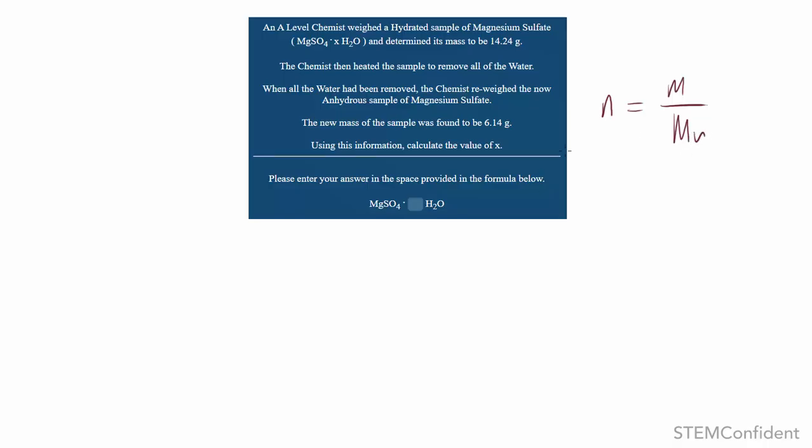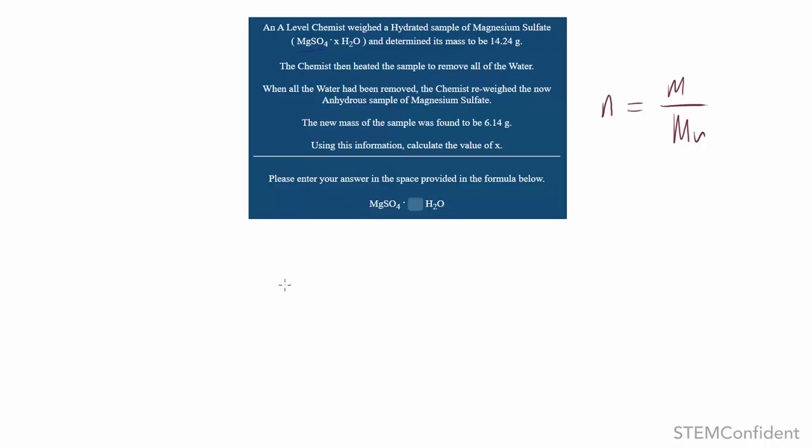In this particular case, 14.24 is the hydrated sample mass. I'm going to focus first on the MgSO₄. For MgSO₄, the mass once the water is removed is going to be the 6.14 grams.